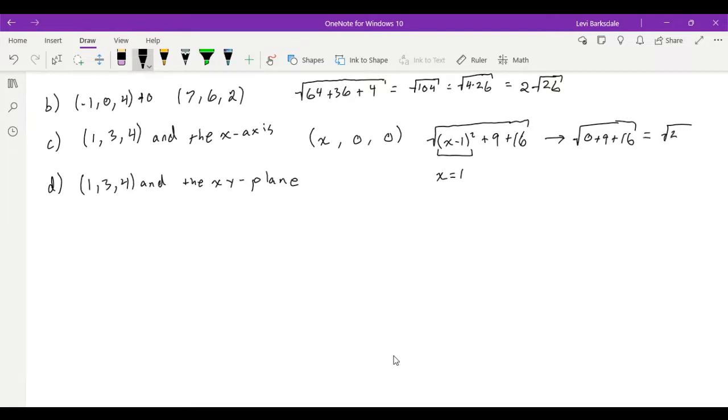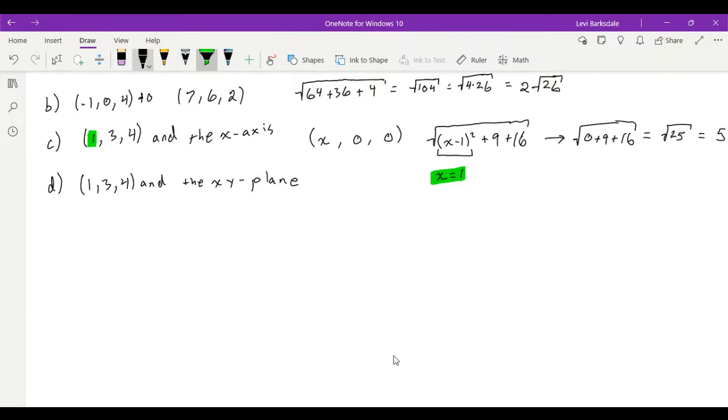So then the distance is the square root of 25, which is just 5. You'll notice that it actually has the exact same x value right there.